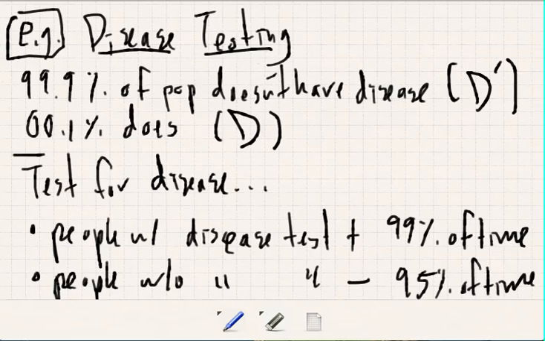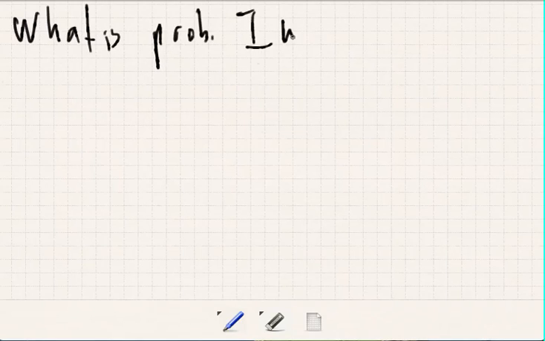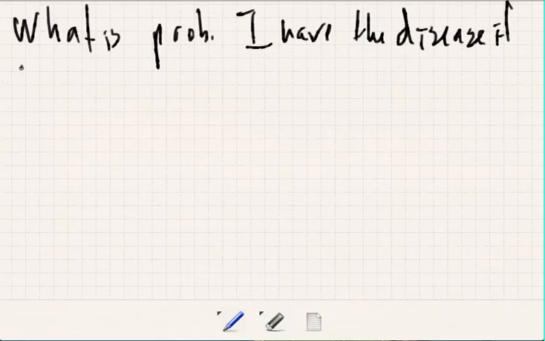But let's really ask the question that you would be interested in if you're getting tested for this disease. What you really care about is what is the probability I have the disease if I test positive.